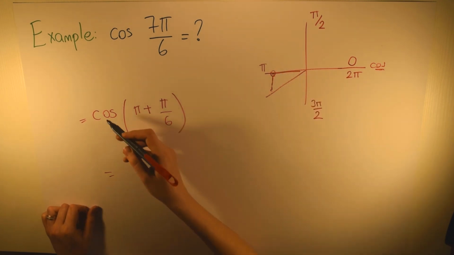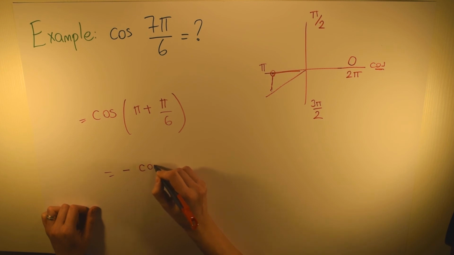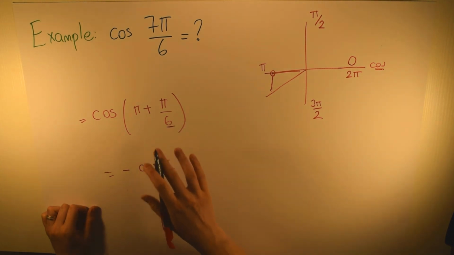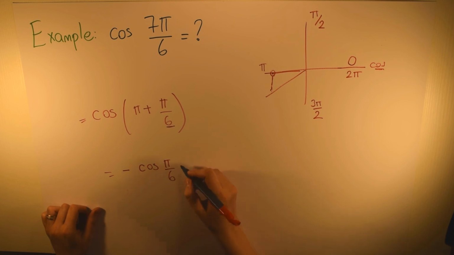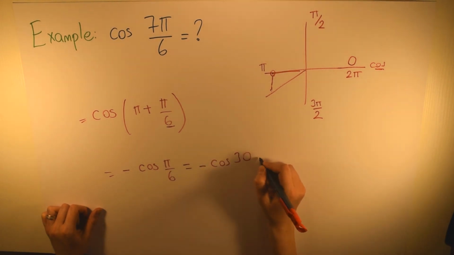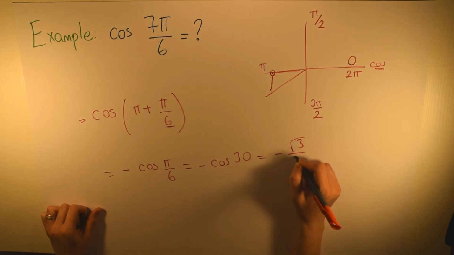That's why it will be minus cosine p over 6. You just take this part, as we also did for degrees. So instead of p, when I put 180, it will be minus cosine 30 degrees, which is equal to minus square root of 3 over 2.